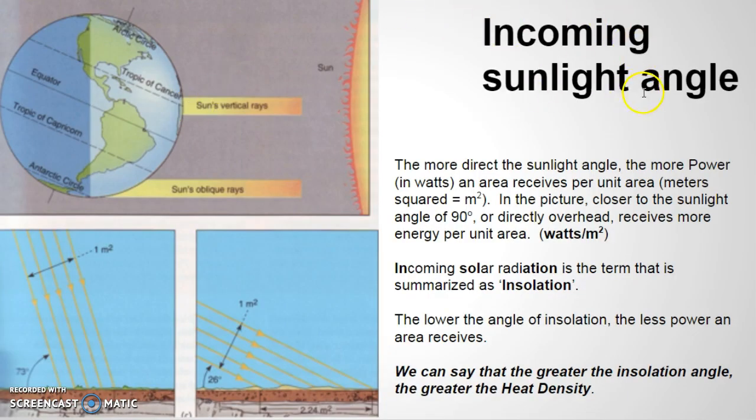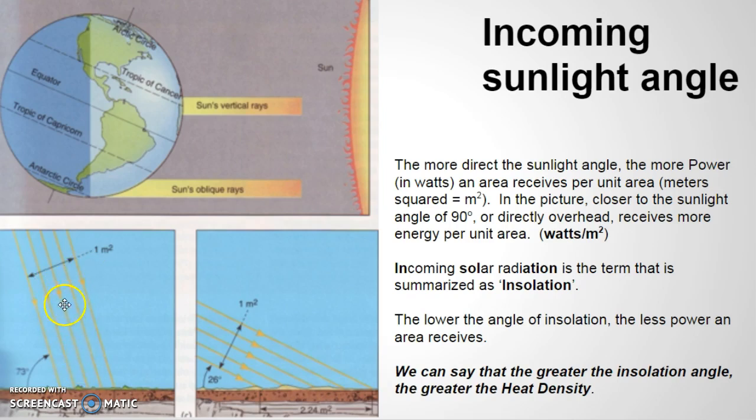So, incoming sunlight angle. Here's an important one. The more direct the sunlight angle, the more power, which we'll refer to in watts, an area receives per unit area. Area is measured in meters squared. So in the picture, a sunlight angle closer to 90 degrees, or directly overhead, receives more energy per unit area, meaning a greater value of watts per meter squared. I'm looking at this picture here.